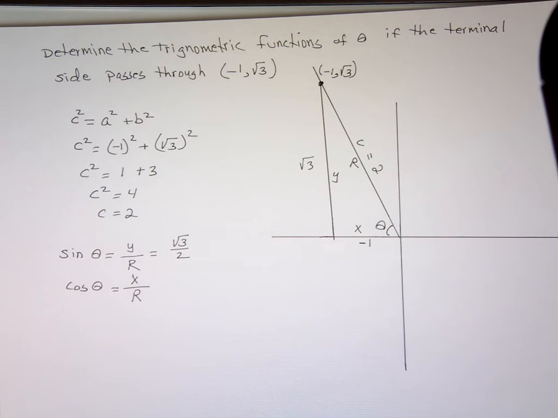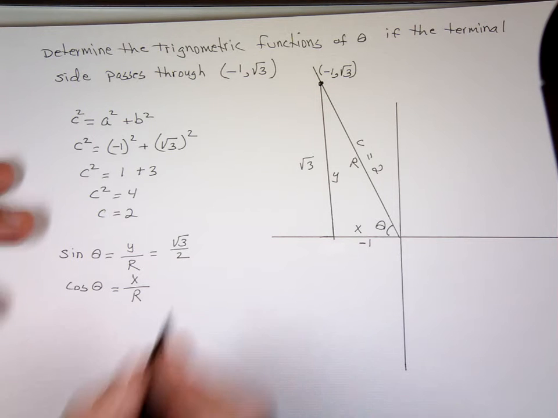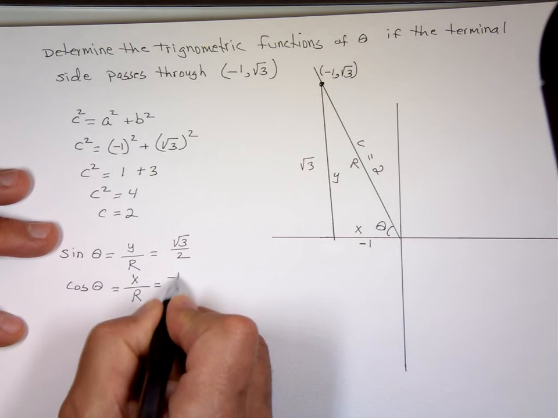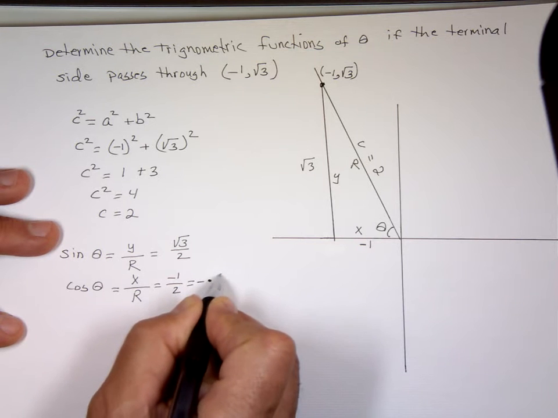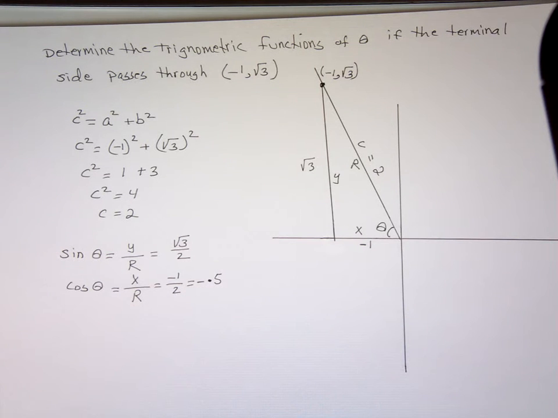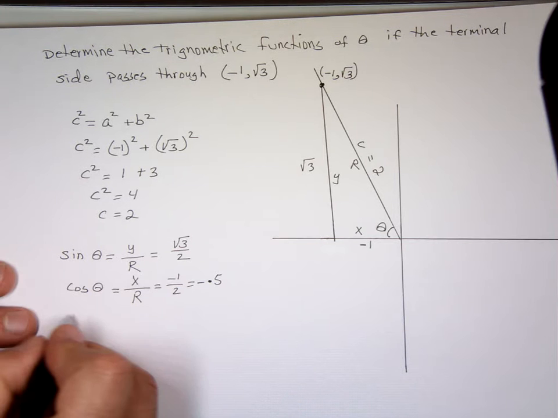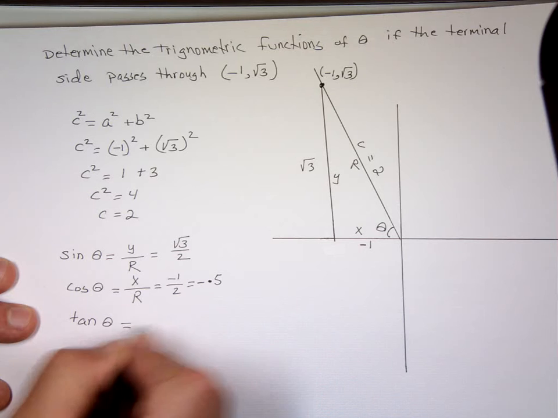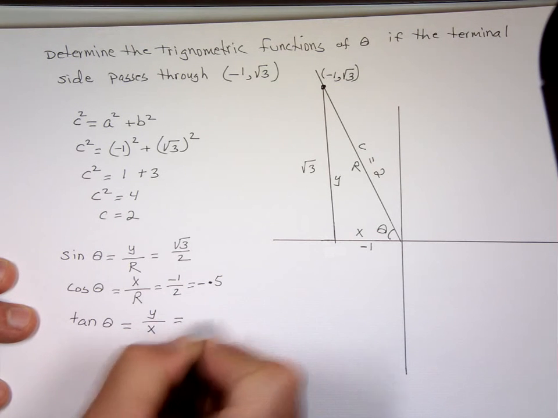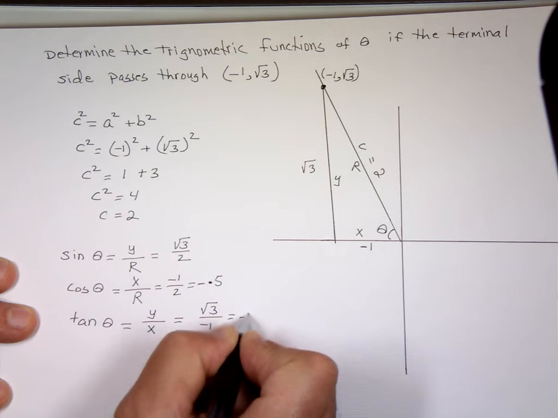The adjacent x over r. X is negative or -1. This is 2. That's -1/2. The tangent. Opposite, which is y over x. Square root of 3 over -1. Negative the square root of 3.